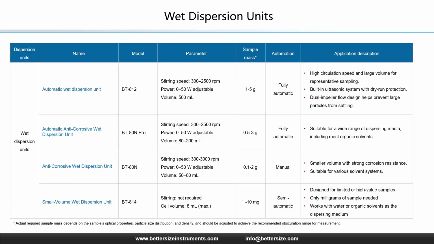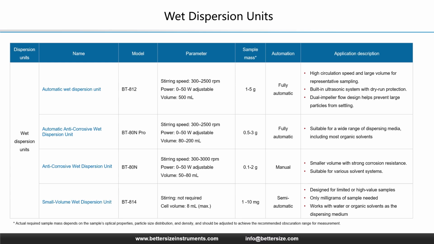Let's analyze the engineering logic behind these specifications. For standard applications, the BT812, the top row, utilizes a large 500 milliliter volume and a dual impeller design. This is not arbitrary. It is physically necessary to prevent the sedimentation of large, heavy particles in broad distributions.